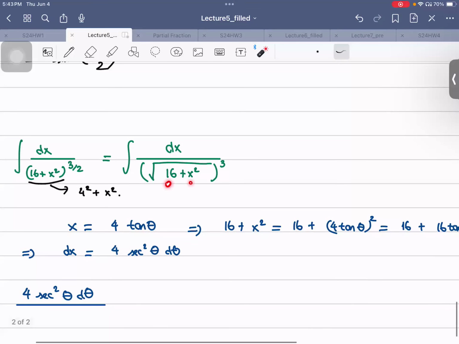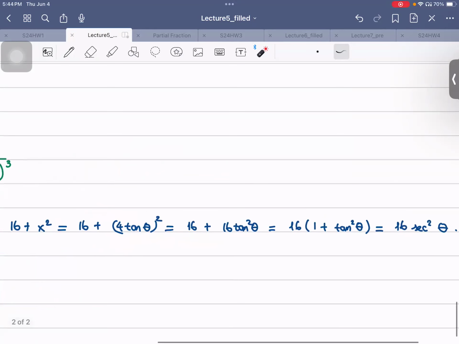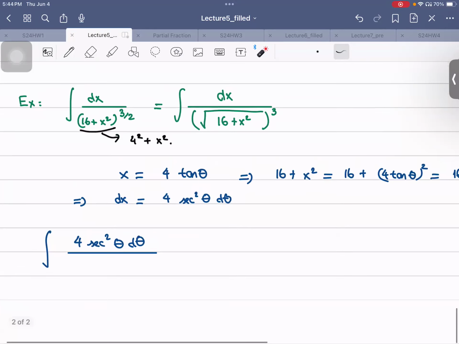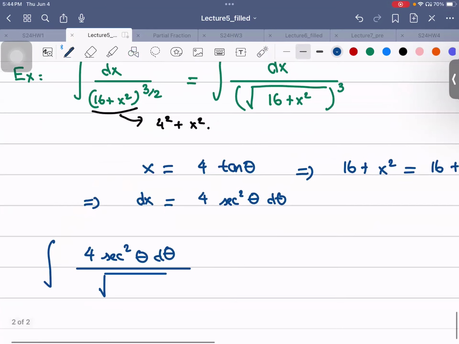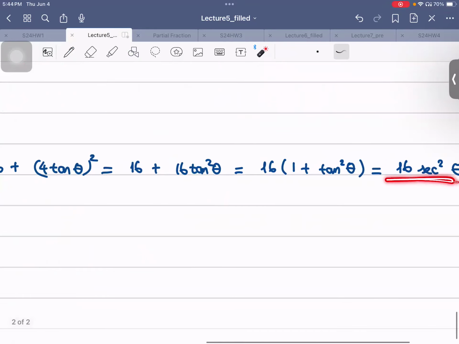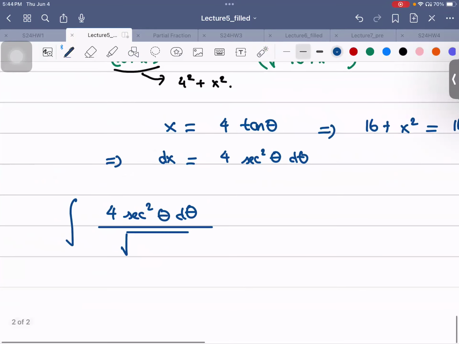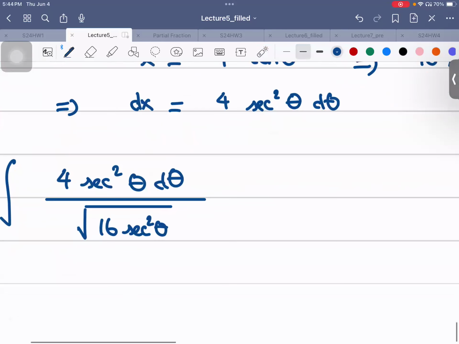The point is 16 plus x squared is 16 secant squared, so I rewrite it this way: the square root of 16 secant squared of theta, to the power of 3. Now let's simplify the function before we take the integral.